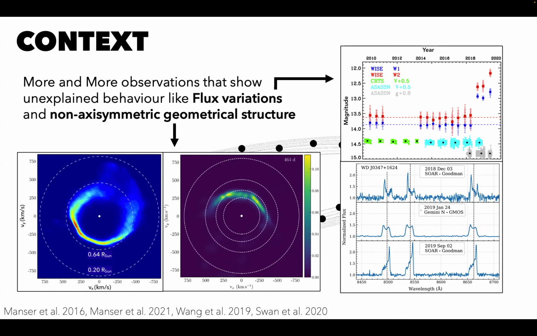This is not a direct image, because it's impossible to directly image them. Instead, this is a Doppler tomograph. If you're not familiar with them, it's just the velocity map in velocity space. This is the outer part, and it's hard to interpret them sometimes, but this profile shows that it's definitely eccentric.